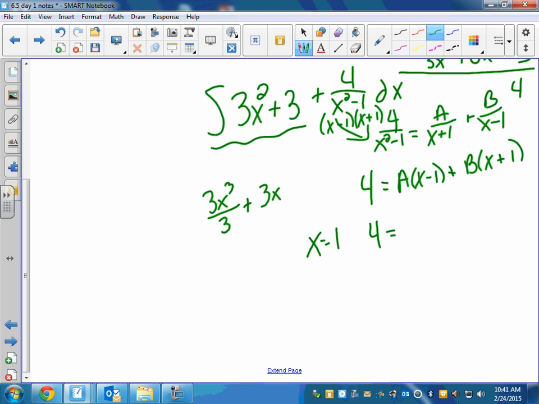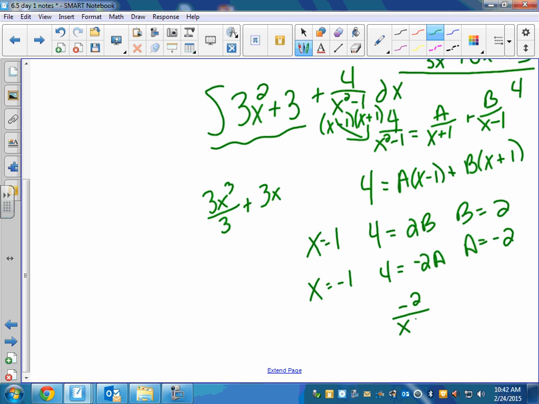I would get 2b equals 2, and if I plug negative 1 in there, I get negative 2a equals negative 2, so I would have negative 2 over x plus 1 plus 2 over x minus 1, so I'd have negative 2 ln of x plus 1 plus 2 ln of x minus 1, right?